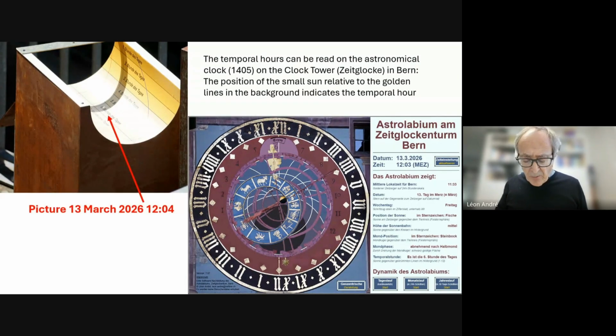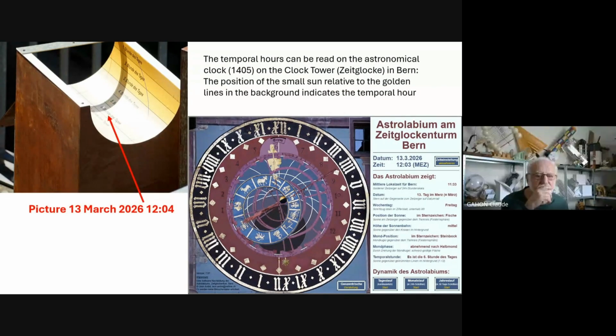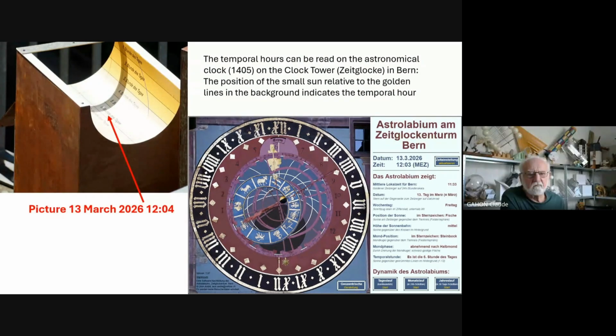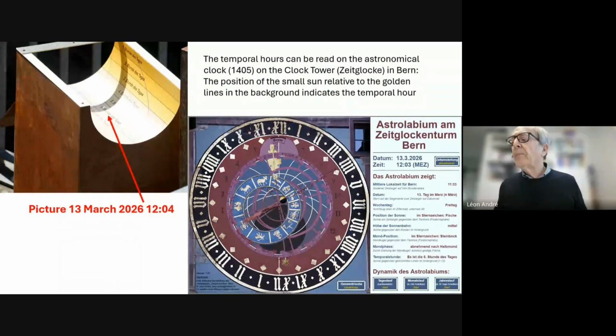The Arabic numbers on the outside indicate the sectors. This means we have the date, time 12:03, and the 6th hour of the day, and our sundial seems to be in the same order.